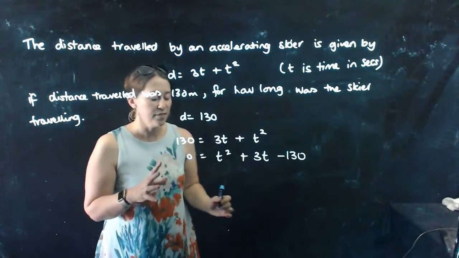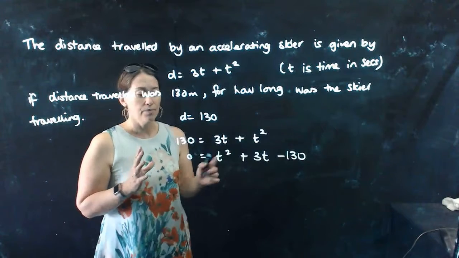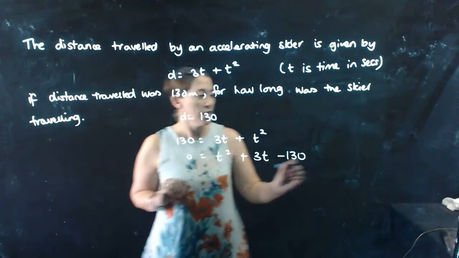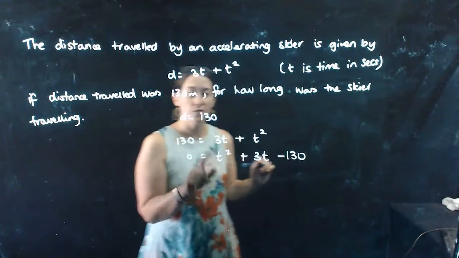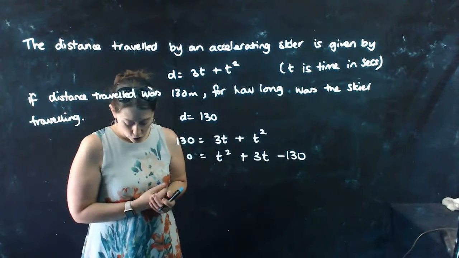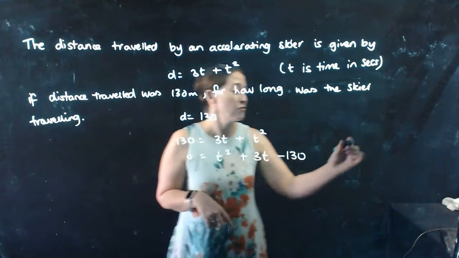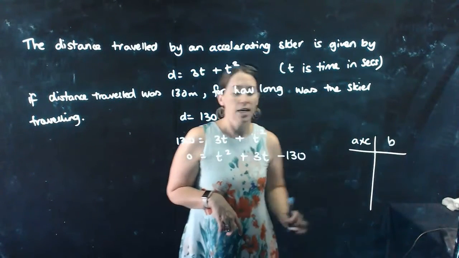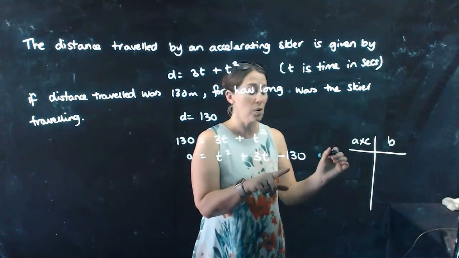Now, let's have a look. In this case, a is 1, b is 3, c is minus 130. Because the coefficient of the pronumeral squared is 1, I can use the shortcut in order to do the factorising. But let's suppose I'd forgotten that shortcut. We take our a times our c, so a is 1 times minus 130.